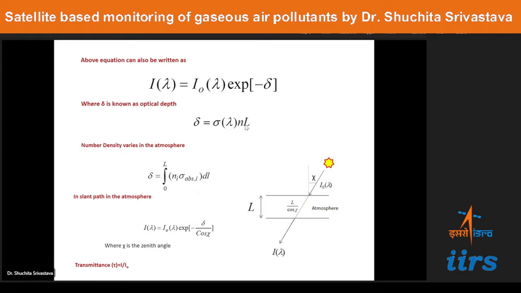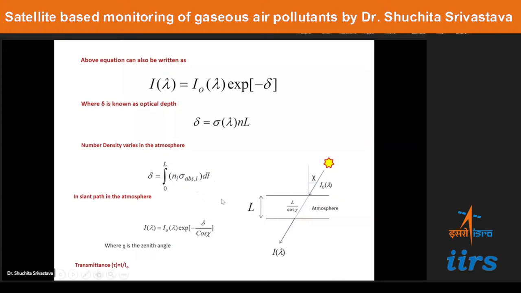So we can ... species, because in the atmosphere there is not one absorbing gas, there may be other different absorbing species at the same wavelength. So at every wavelength we have to consider all the absorbing species present in the atmosphere.